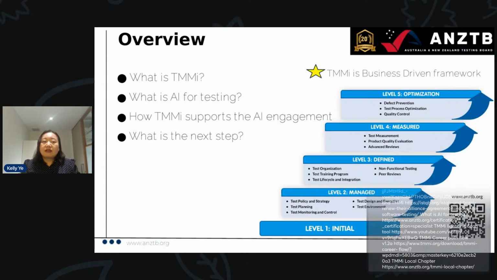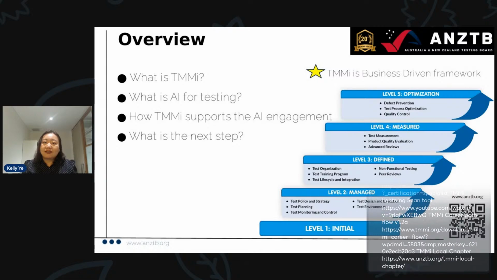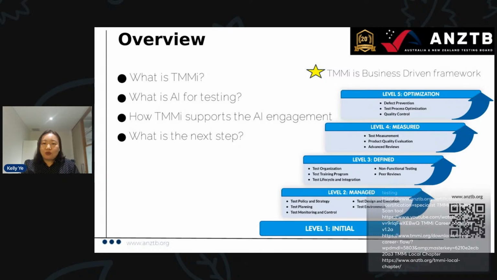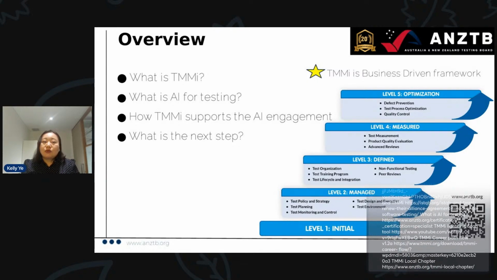TMMi consists of 5 maturity levels. For the lowest level, level 1, unfortunately there's no certificate. At level 1, most of the time we think testing is often unstructured, ad hoc, and highly dependent on individuals. We call it the superhero culture.